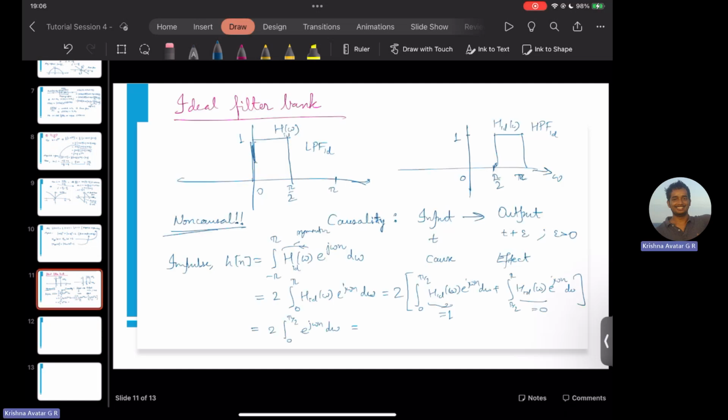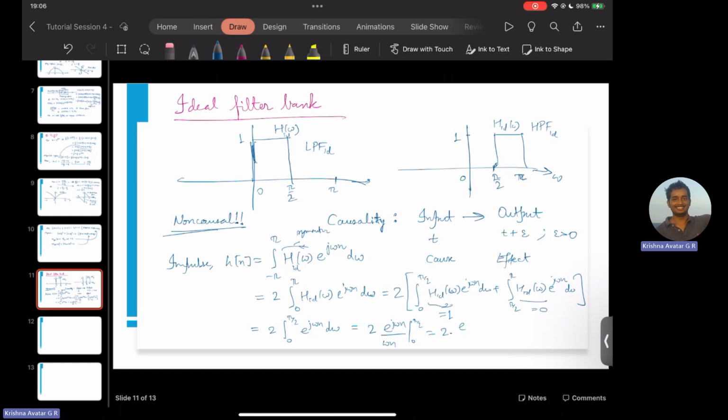So all that we can have is, let's expand it. We can write it as 2 into e to the power j omega n divided by j n, since that is what the integration leads to, from 0 to pi by 2.